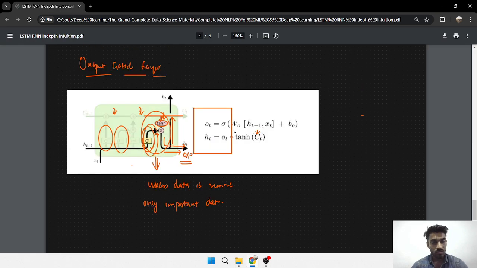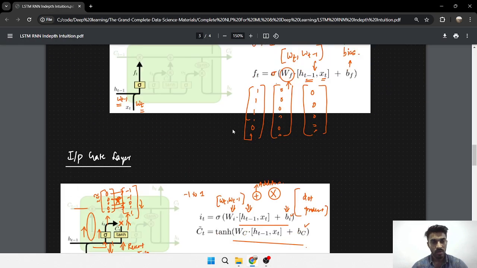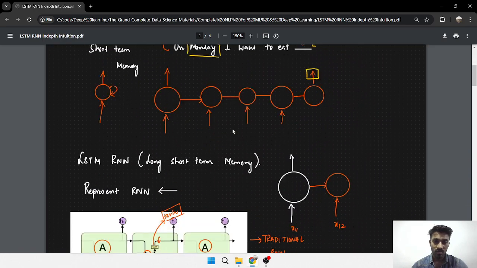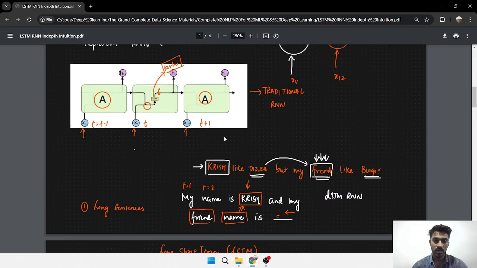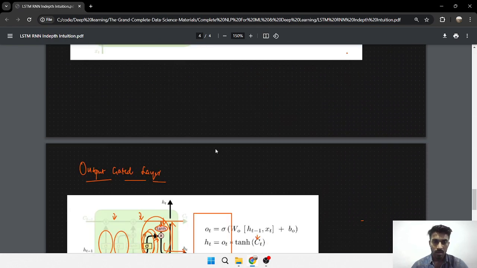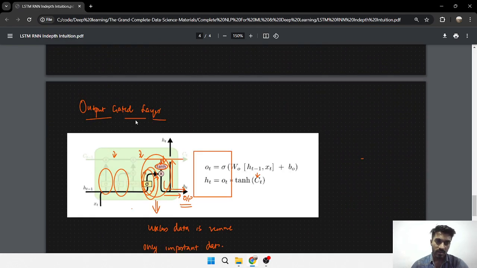That's it for today, guys, and this is for LSTM RNN. I covered all of these things in the previous lecture, so I have done it in very minimal time.